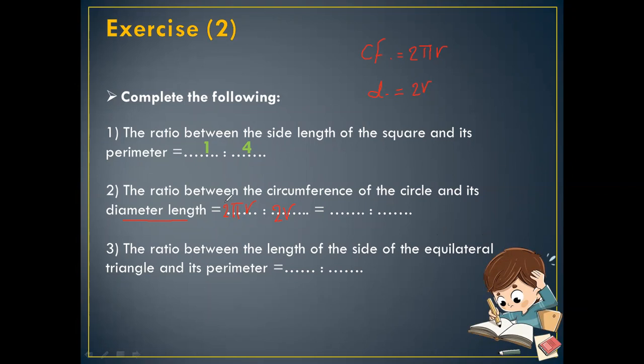I will ignore 2 from here and 2 from here, and we have here r and here r. So I ignore 2r, so I will write a 1. So it will be 1, and we still have pi. So pi to 1. We have pi to 1.